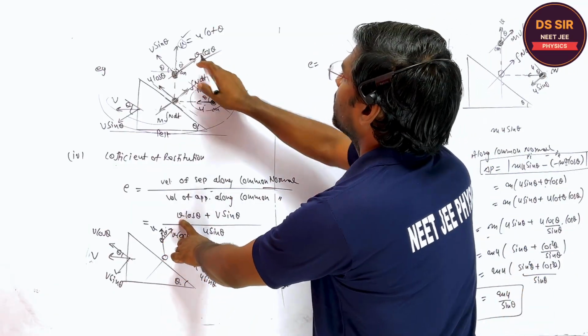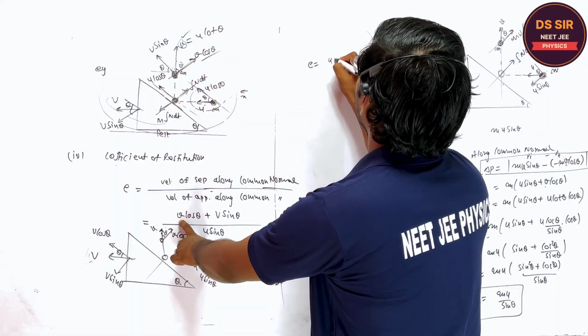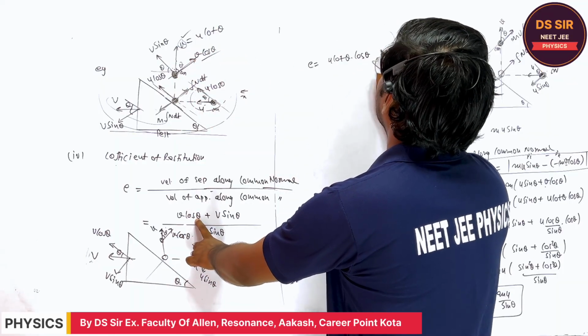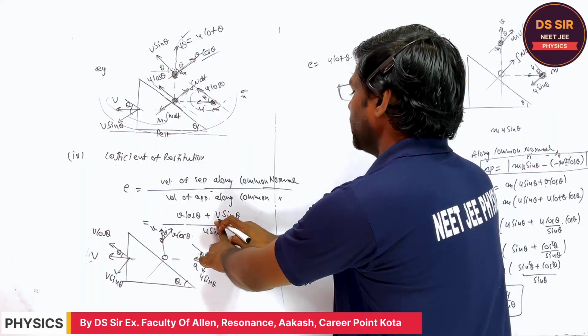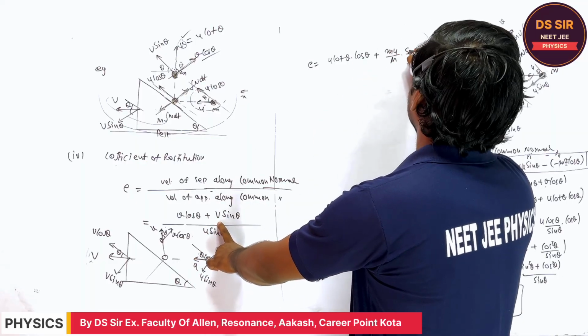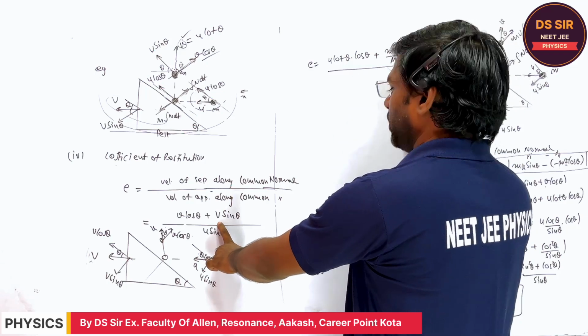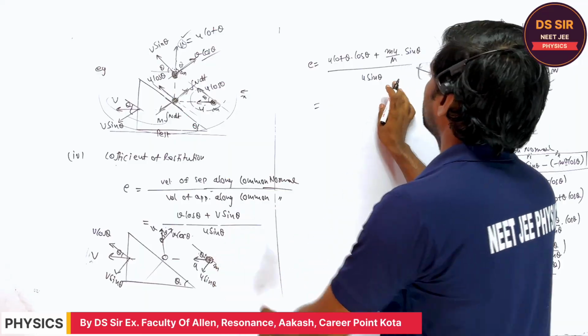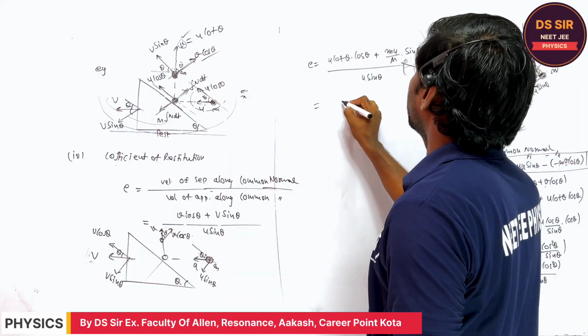This is the V is u cot theta multiplied by cos theta plus V. The value of capital V is mu upon capital M into sin theta divided by u sin theta. Right. Now you may correct this. The u will cancel out.